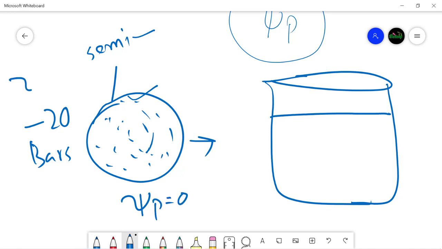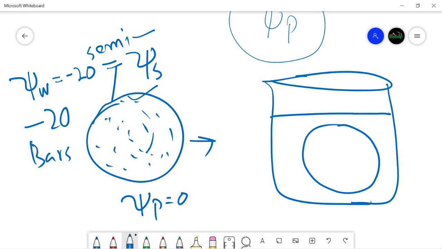So psi W, which is equal to minus 20, is equal to psi S, its solute potential. The water potential and the solute potential are the same. Now this solution is placed in the beaker with pure water, in which psi W is equal to 0, maximum free energy or chemical potential. So what will happen? Water will start moving in.